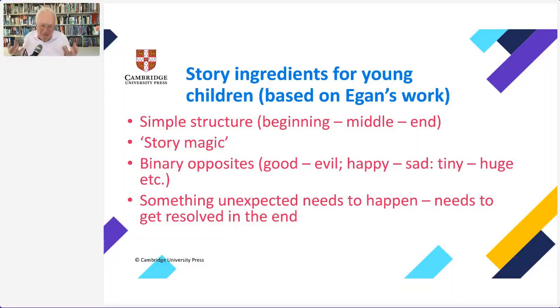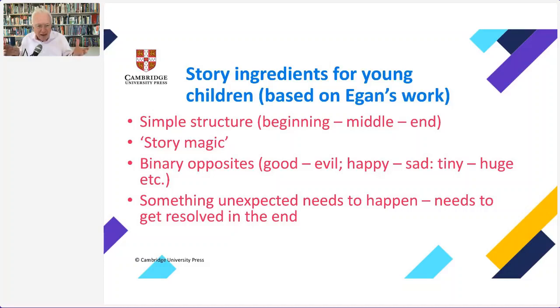There needs to be some conflict. And then in the middle, the story deals with various aspects of how this problem could be solved. And in the end, somebody said, we need a happy ending. Yes, absolutely. So the conflict needs to be resolved.